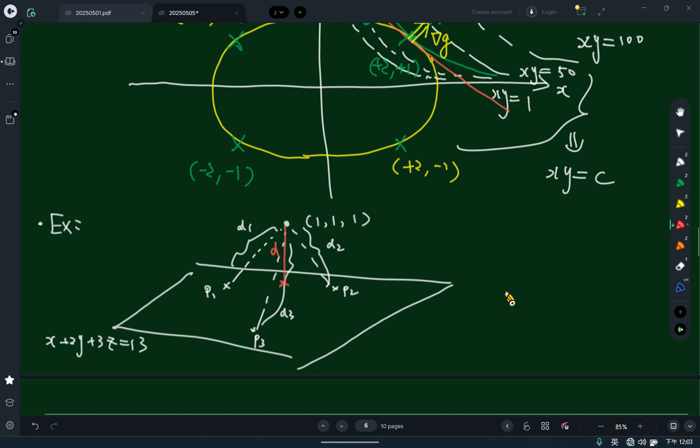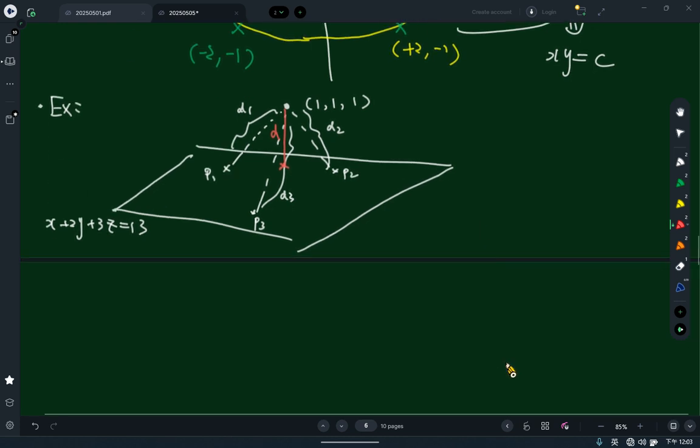Okay, so this is the problem. The problem we can formalize as: we need to define some target function f of x, y, z, subject to g of x, y, z equal to 0.